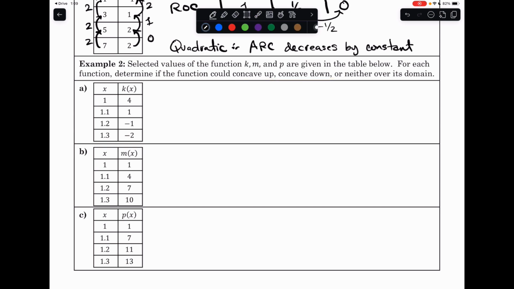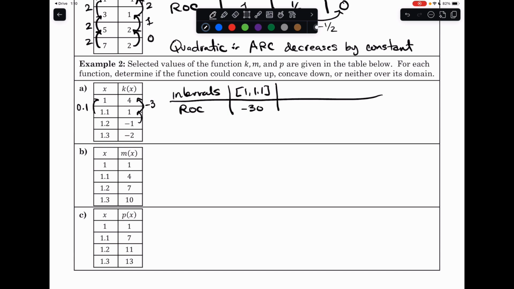So again, we're going to create intervals and see what the rate of change is. So we'll go from 1 to 1.1. So this right here is a difference of 3. 1 minus 4 is 3, and this is a difference of 0.1. So this is negative 30.